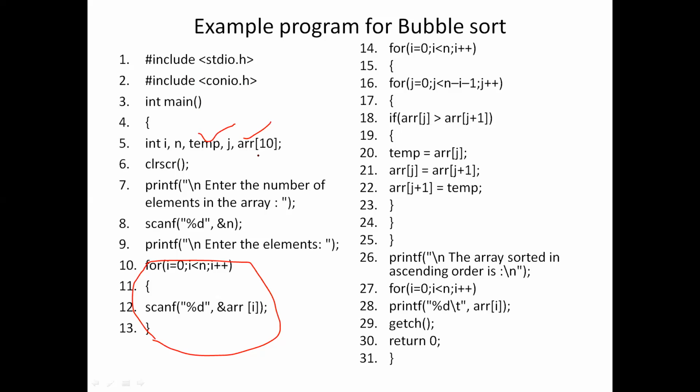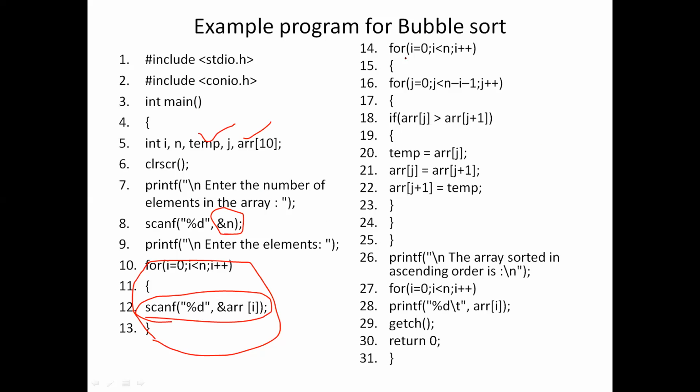The maximum size we decided is 10. Enter the number of elements, for example 5, 8 or 9. This is scanning to get the input from the user; it's not predefined.